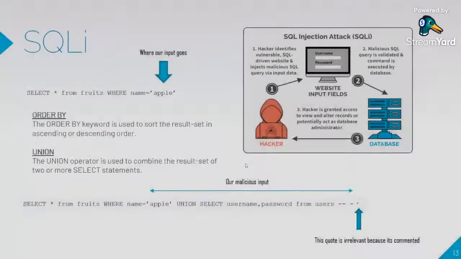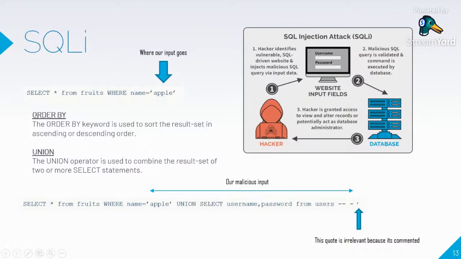So what is SQL injection? In SQL injection, we manipulate the query that actually goes to the database. The hacker identifies a website that might be vulnerable to SQL injection, sends a malicious query to the database, and the database executes the query, granting us access to the records of the database.